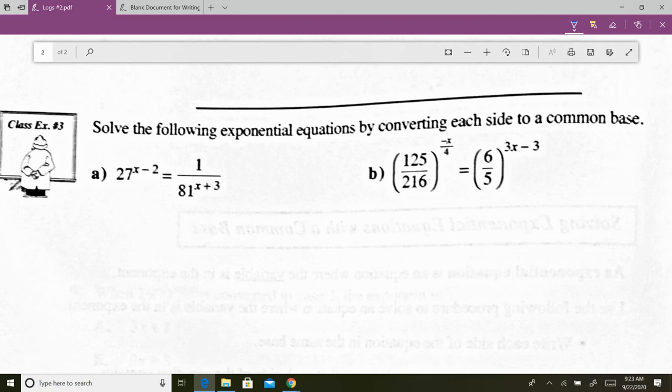Other than they look ugly, because they have fractions. There's no difference. Okay. Thing is, this side is not a fraction. But you can make anything a fraction or get rid of the fraction by doing what?